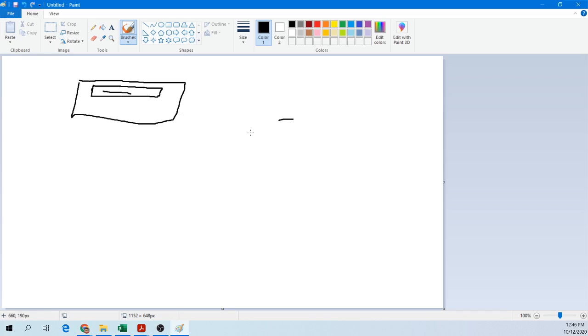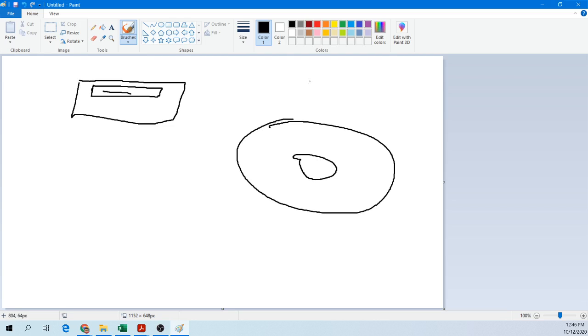So we have a CD here, and this is going to be your storage media, and this is going to be your storage device.